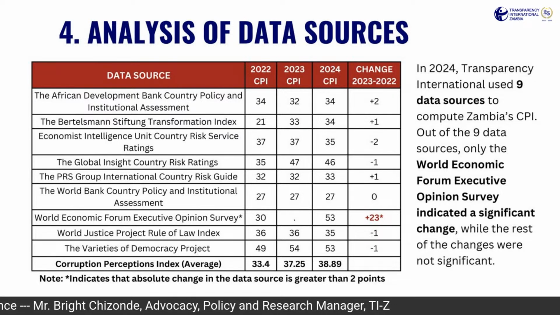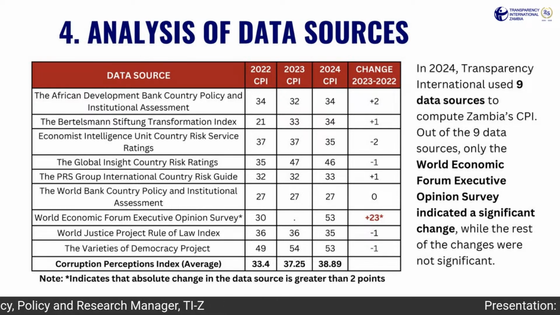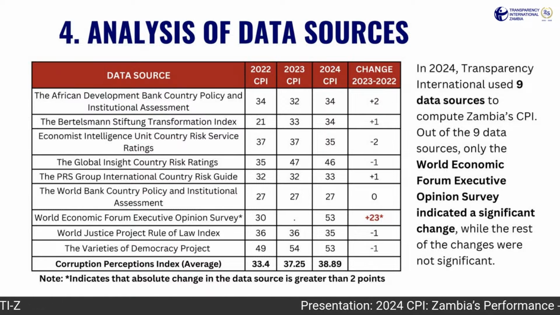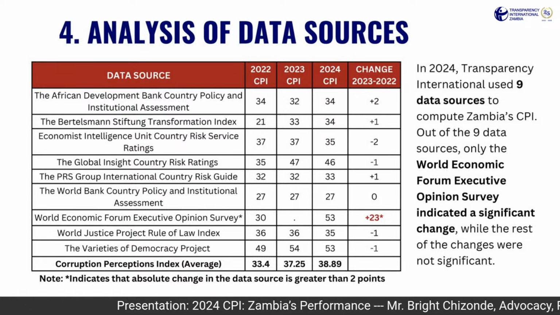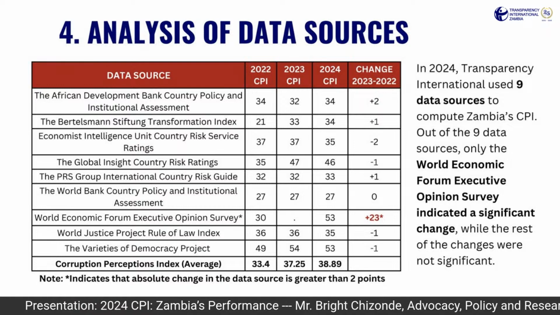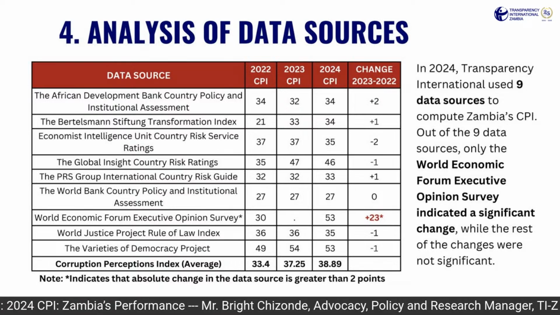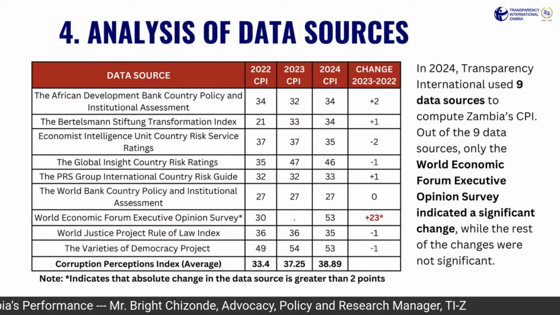If you look at the table presented on the screen, you are able to see the individual changes. What we are calling data sources here are different measures that look at different types of corruption. Others look at the different interventions we have undertaken with respect to fighting corruption.